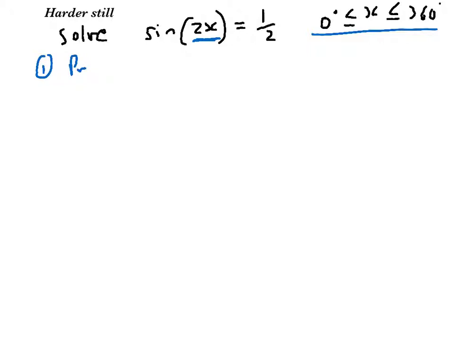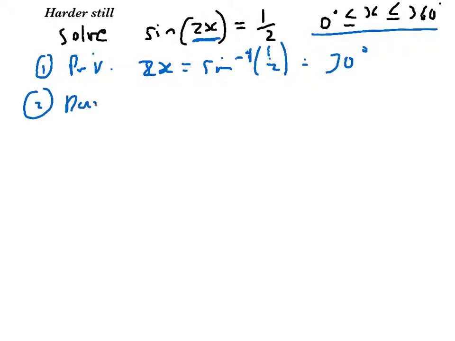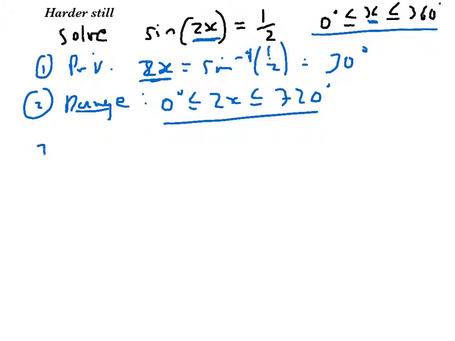So principal value, 2x this time equals sine to the minus 1 of a half, which equals 30 degrees. Step 2, range. Now this is where it really kicks in, this range thing. I don't have an x here, I've got 2x, so I need to reflect that by multiplying both sides by 2. This is my new range, okay?